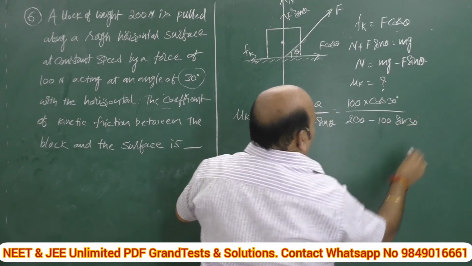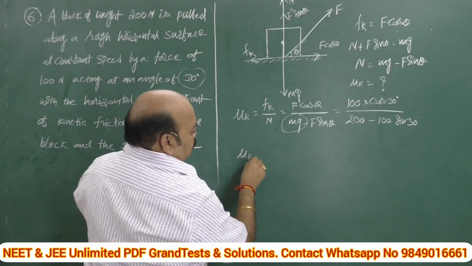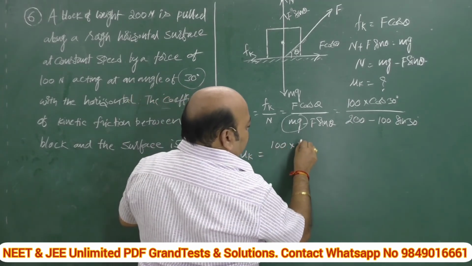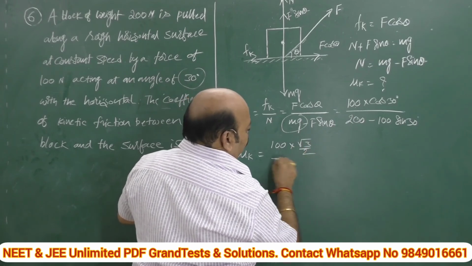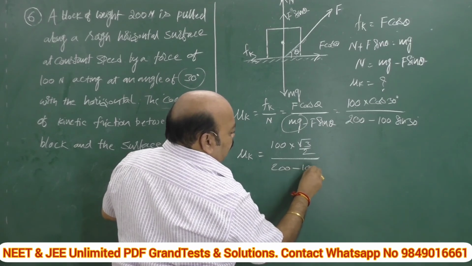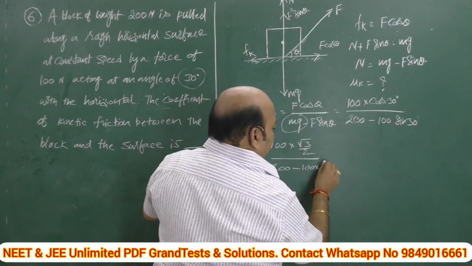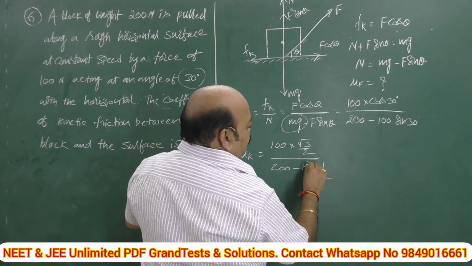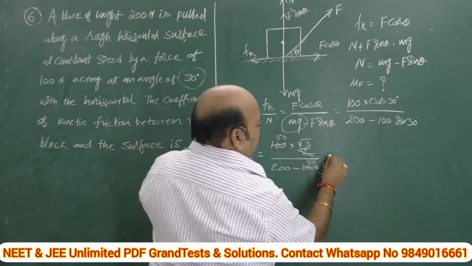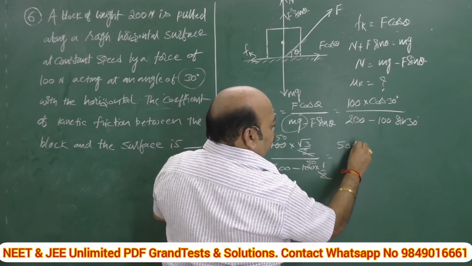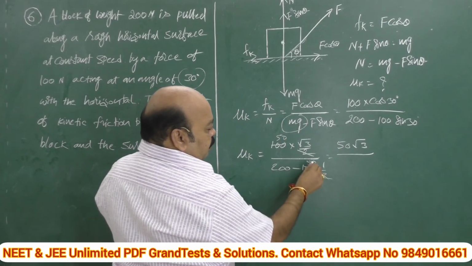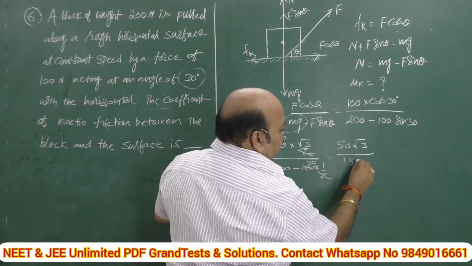Substitution part: coefficient of kinetic friction is equal to 100 into root 3 by 2, whole divided by 200 minus 100 into sin 30, which is 1 by 2. The 2 ones are 2 and 50s get cancelled, and here also they get cancelled. So in the numerator we have 50 root 3, divided by, in the denominator, 200 minus 50, which is 150.